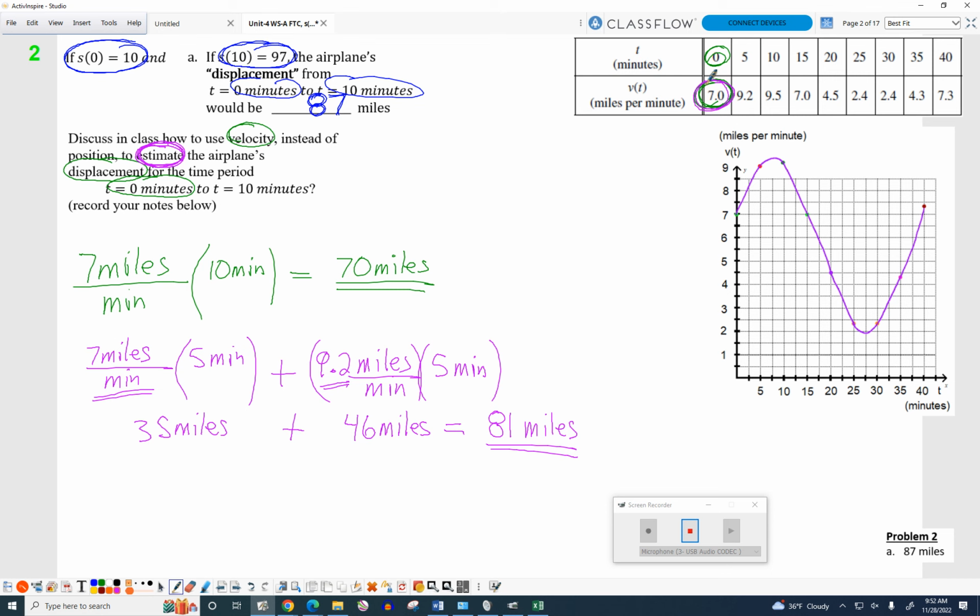All we really know is that at time 0, the plane has a velocity of 7 miles per minute. The plane could have changed its velocity a lot during this 5-minute period. So that's why our estimate could be okay, but it could be quite bad because we don't know what's happening in between. So really, you have no way to know whether this estimate or this estimate is actually better because there's so much data you don't have, if that makes sense.